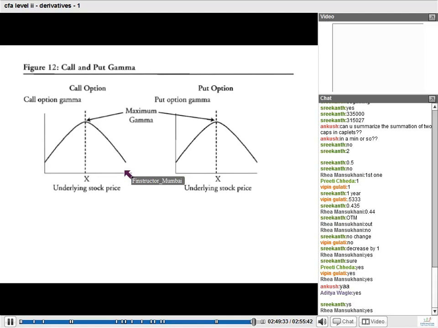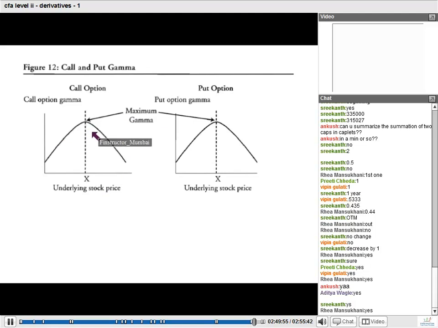The relationship is not linear. Delta assumes a linear relationship. That is, if the stock price changes by 5 units, the option will change by 5 into delta. Actually speaking, it does not exactly happen like that. There is a curve in the payoff. So you need to add gamma to the delta estimate.